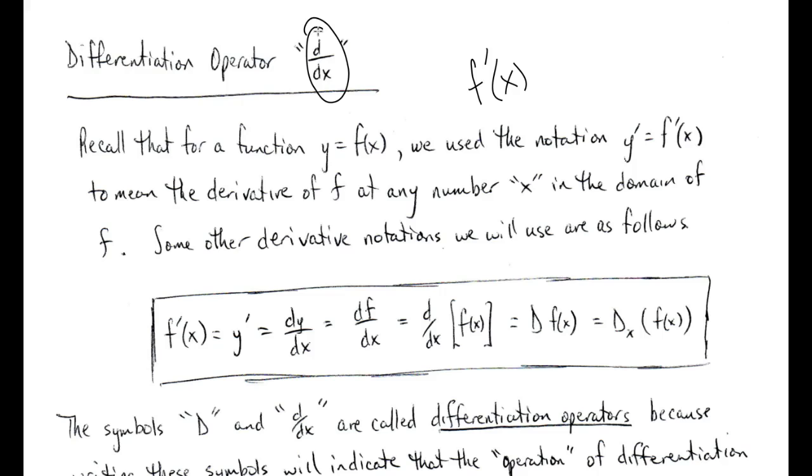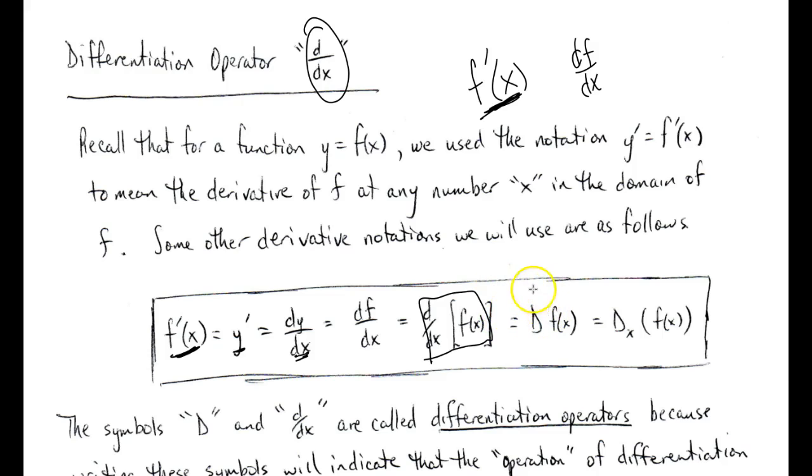And so all that I'm trying to say here is that sometimes you'll see it written this way and other times you'll see it written this way. And they both mean the same thing. Okay? So here we see that if we see something that says f prime of x, which is the same as y prime, which is the same as dy over dx, which is the same as df over dx. And of course, sometimes you may see it written separately like this.